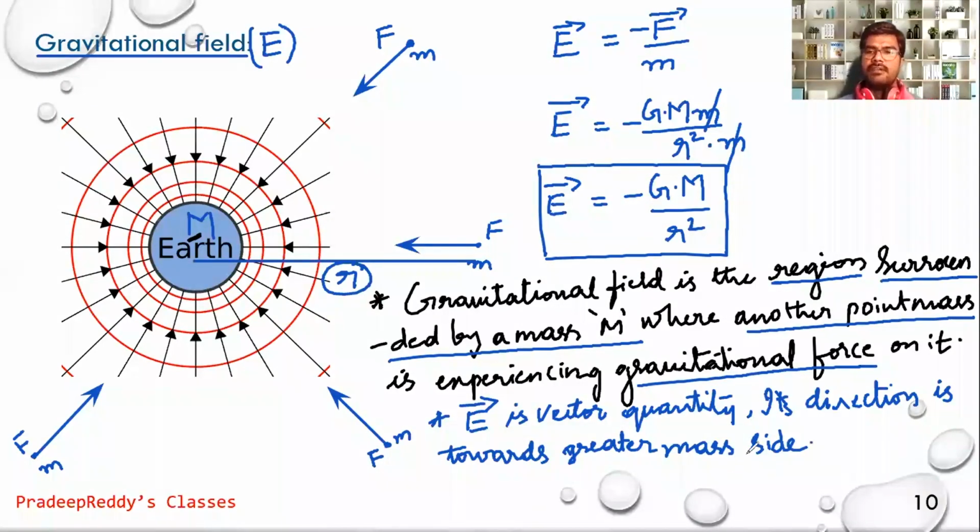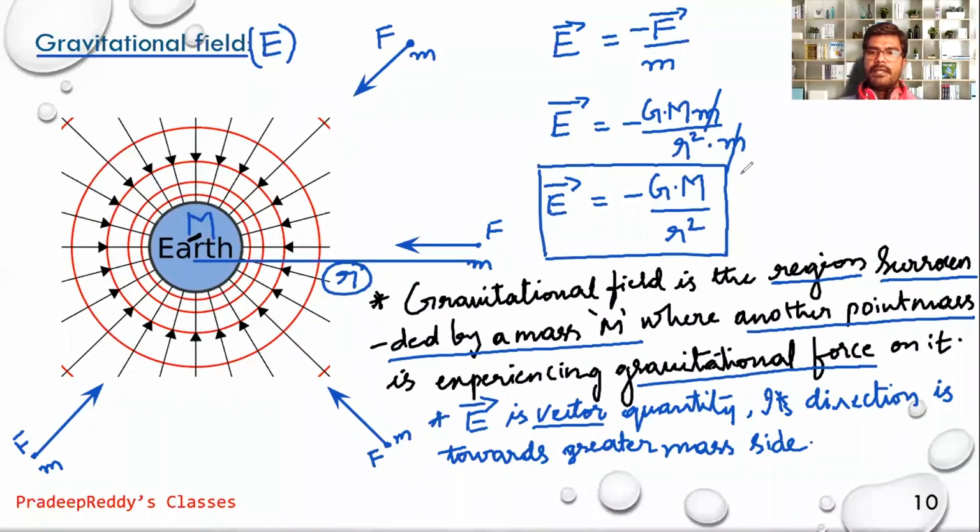So as gravitational force is an attractive force, gravitational field is always towards the greater mass side. So wherever there is a greater mass object, towards that you need to put the arrow mark. So it is a vector quantity. Usually it will be in the direction of gravitational force. If you are taking a test mass or a point mass, and if you leave it, in which direction it is moving, towards the greater mass, that will be the direction of gravitational field.